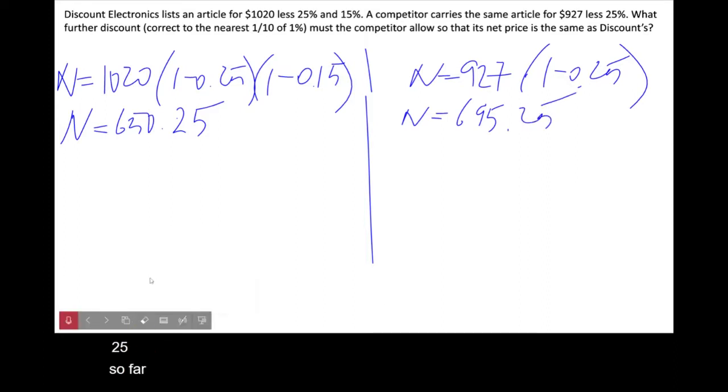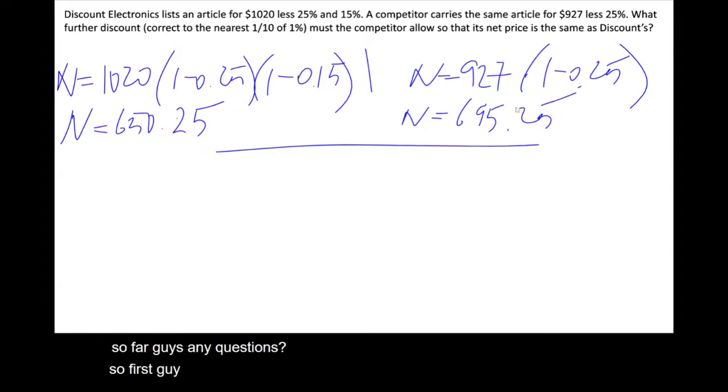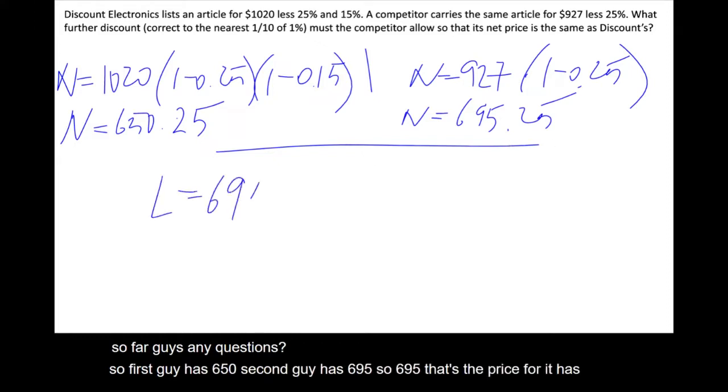So far, guys, any questions? So first guy has 650, second guy has 695. So 695, that's the price that has to be discounted.